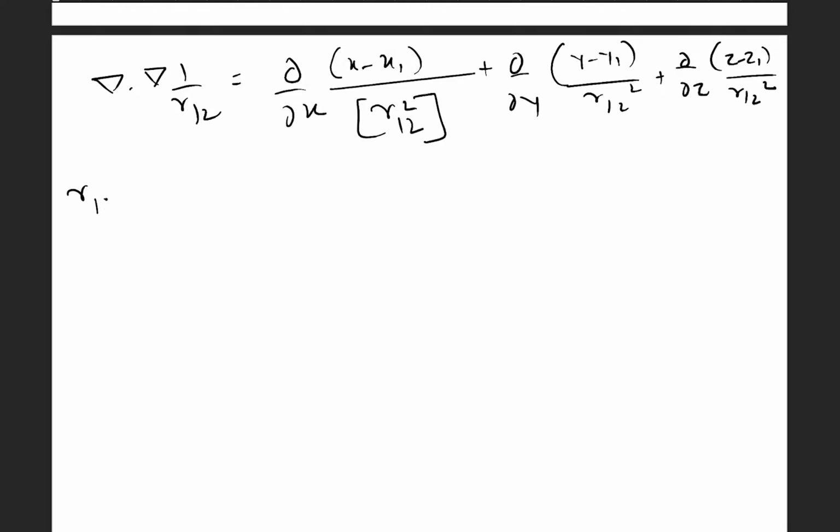Now we can put the value of r12 squared as (x minus x1) squared plus (y minus y1) squared plus (z minus z1) squared.